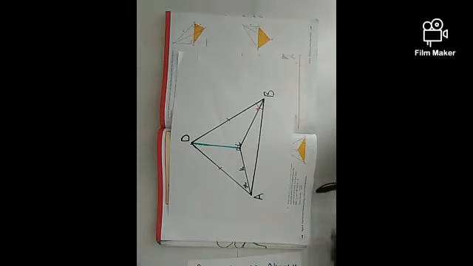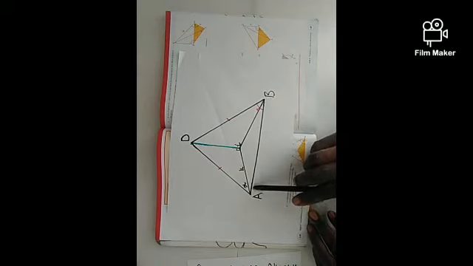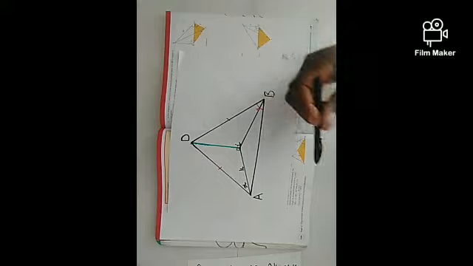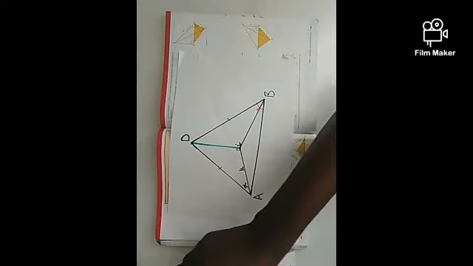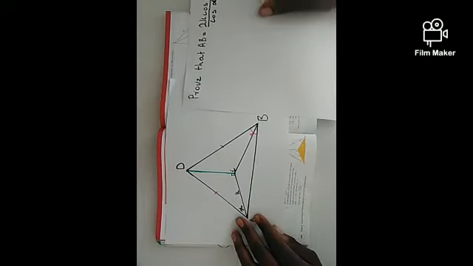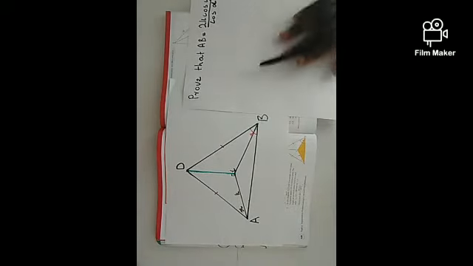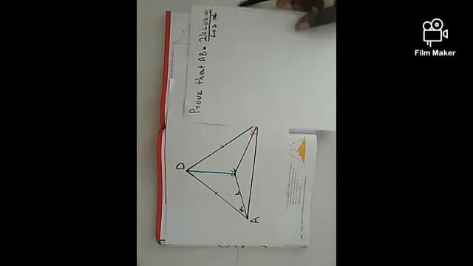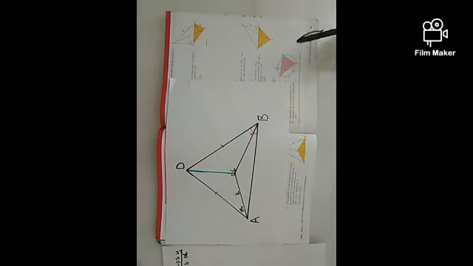So we want to prove that side AB equals 2k cos Y over cos X. All right.